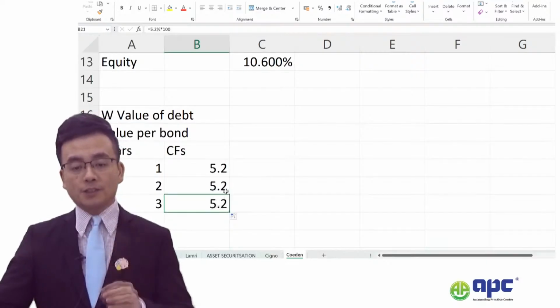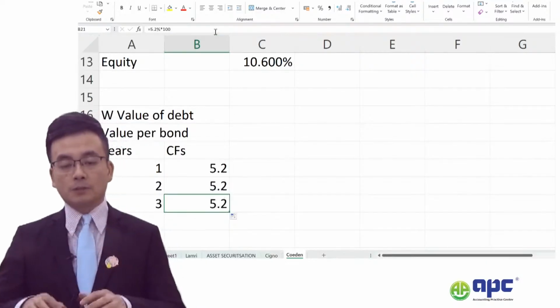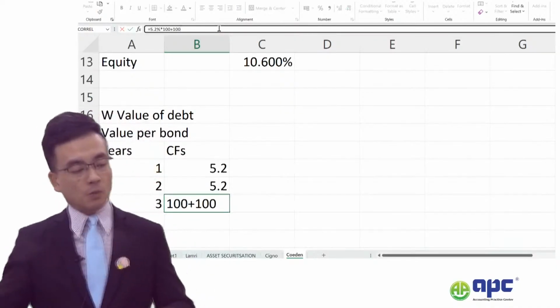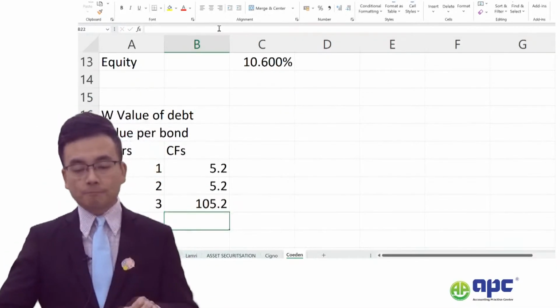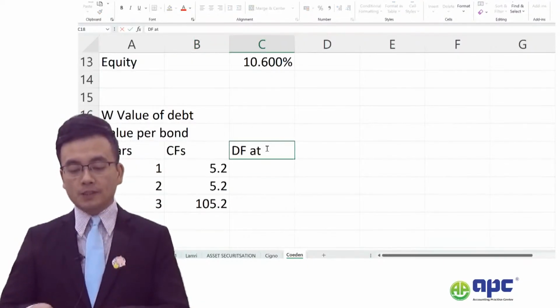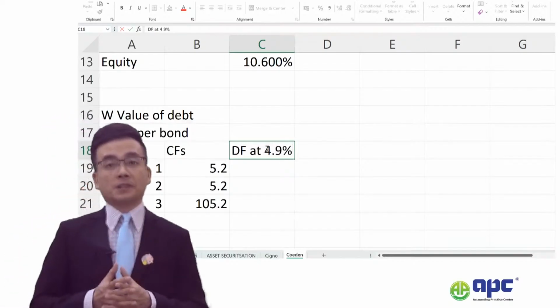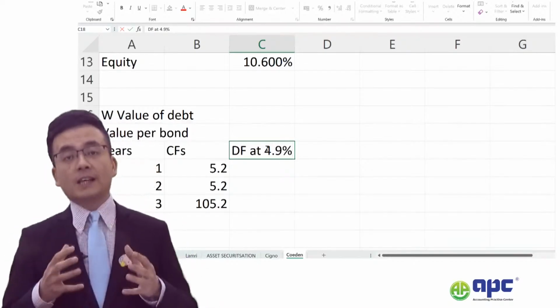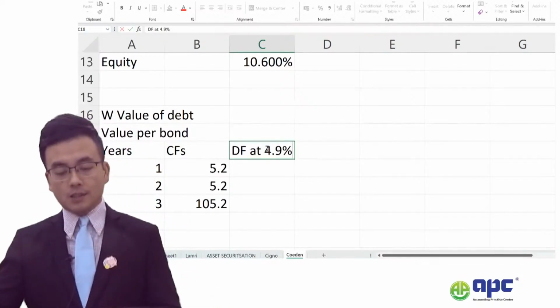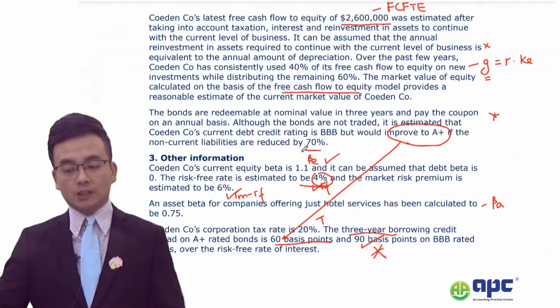At the end of the third year, I have to repay the principal per bond of $100, so that will be 105.2. Discount at the appropriate discount rate, and in this case it is 4.9%. Simple. The reason is that currently our credit rating is charging 90 basis points, before the proposal.